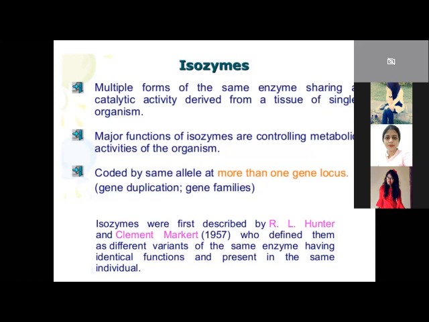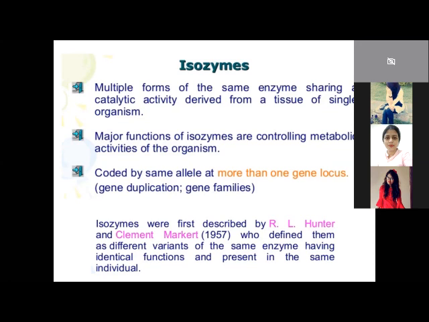Alcohol dehydrogenase is an enzyme, and it exists in several forms: alcohol dehydrogenase 1, 2, 3 and 4. Now the same individual has alcohol dehydrogenase 1 and also alcohol dehydrogenase 2, and the function of alcohol dehydrogenase 1 and 2 is the same.